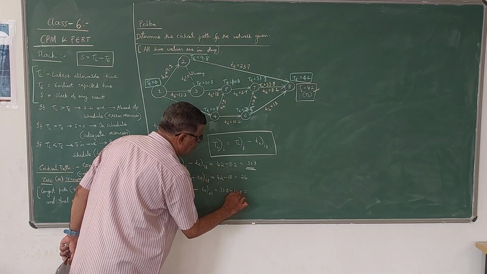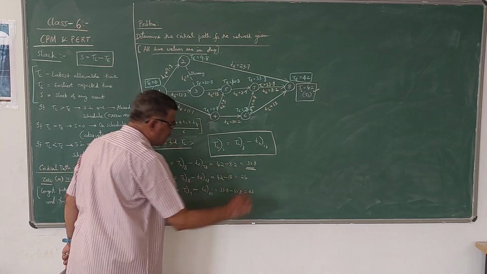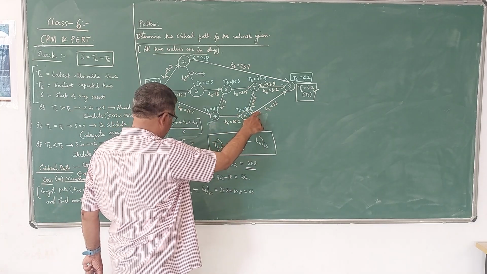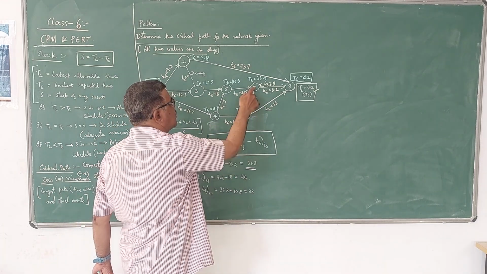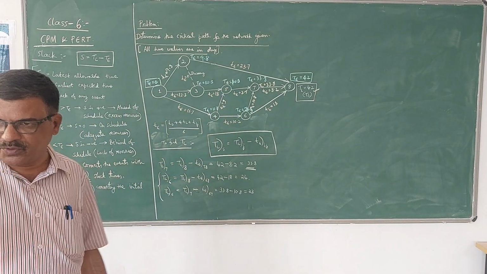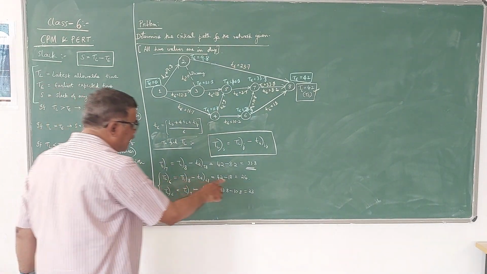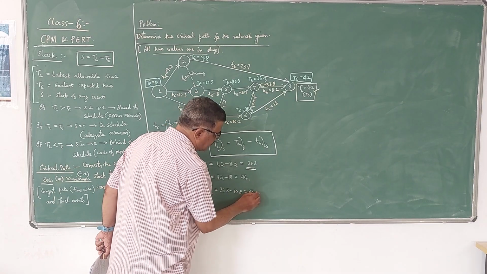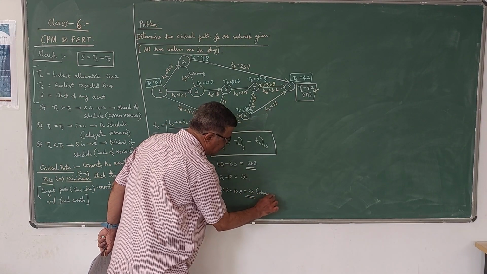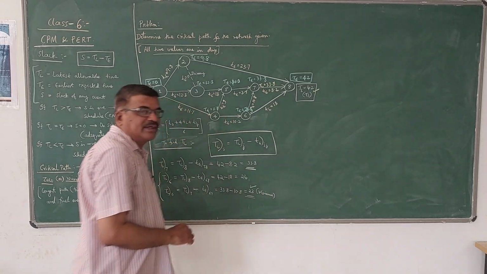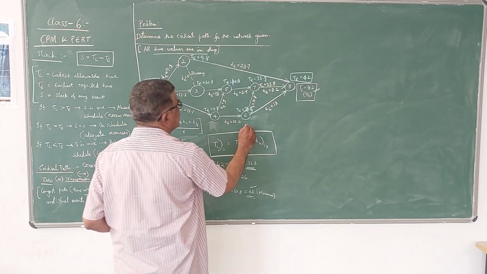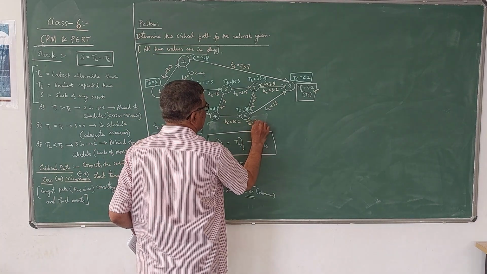What is this value? 23, no? 23. So we are getting two values for 6 because two arrows are going from 6. 6 becomes a predecessor for two events. So when you are calculating TL value, we have to take the minimum. 23 is the answer now. So TL for this 6 is 23.